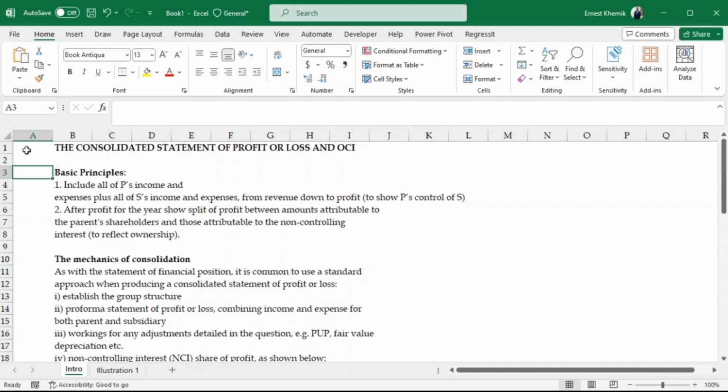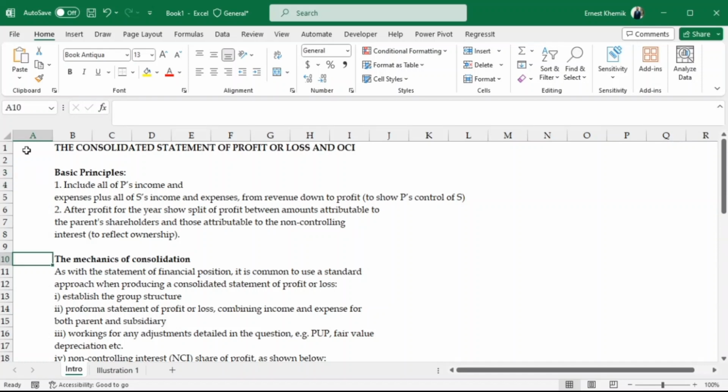The purpose for adding all the income and expenses of both the parent and the subsidiary is to show P's control over S, because P is the parent and S is a subsidiary. They are trying to show their results as a single economic entity, with P being the parent, the one who is controlling the subsidiary. So that's the basic principle of the Consolidated Statement of Profit or Loss.